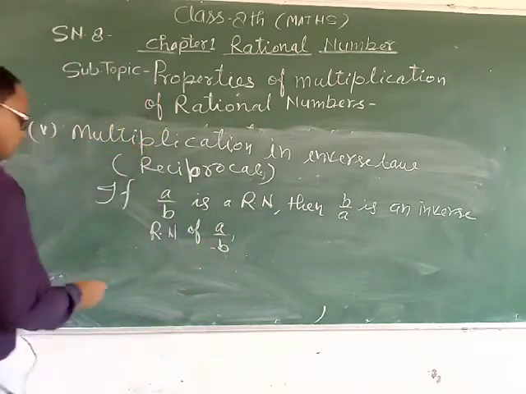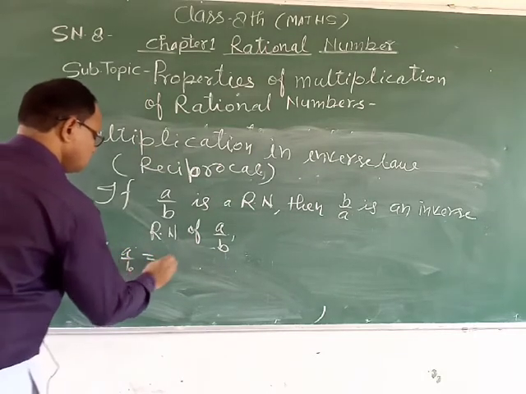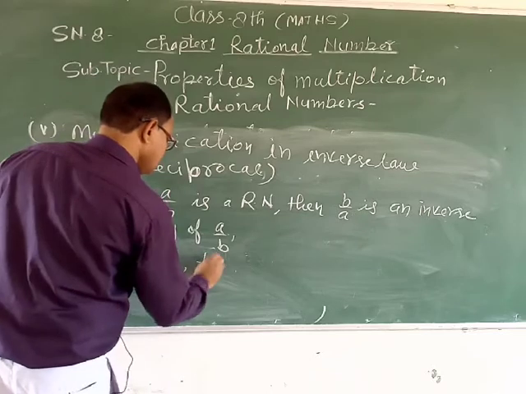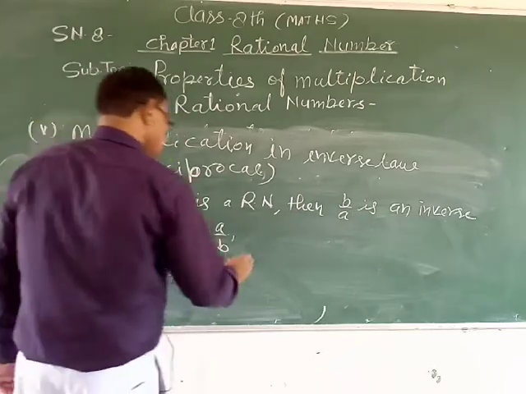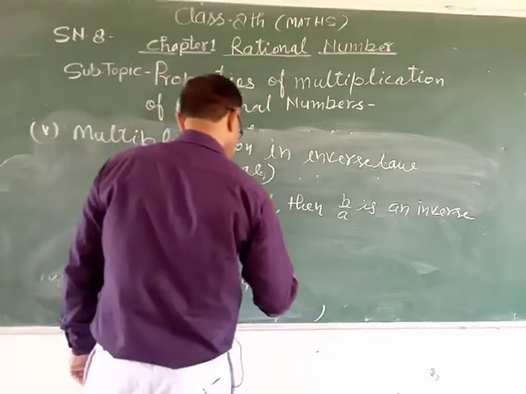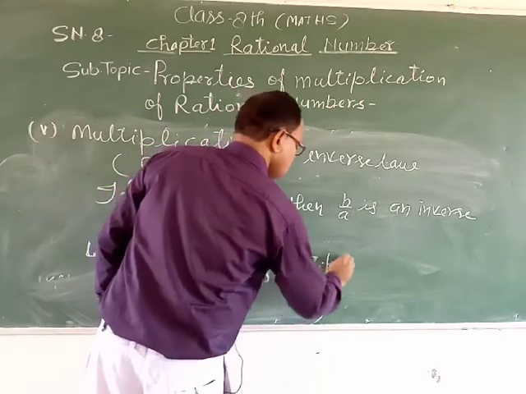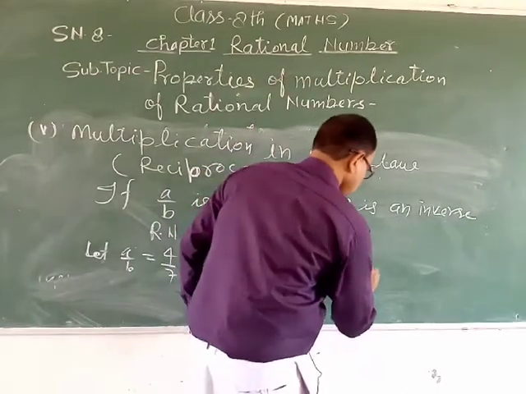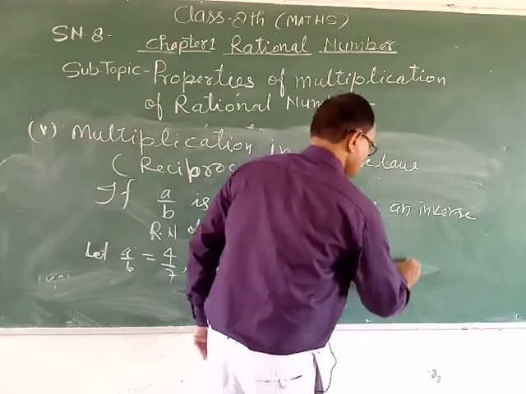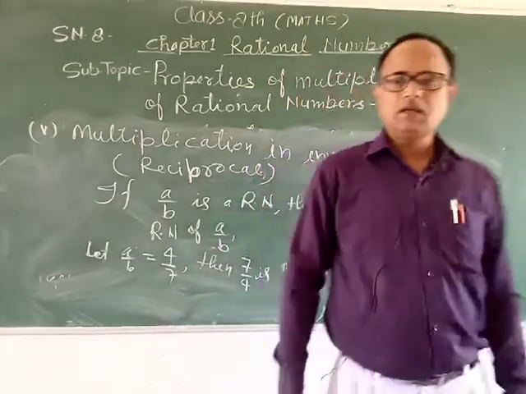Okay, then here let A by B is equal to 4 by 7, then 7 by 4 is the multiplicative inverse, or reciprocal.